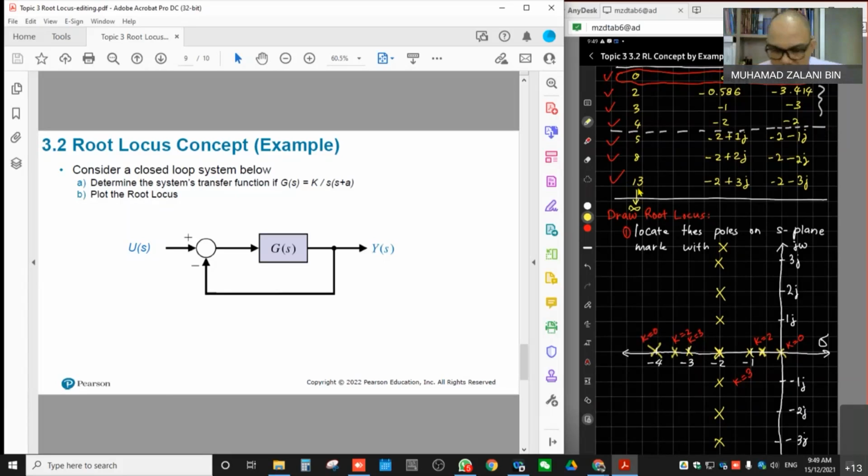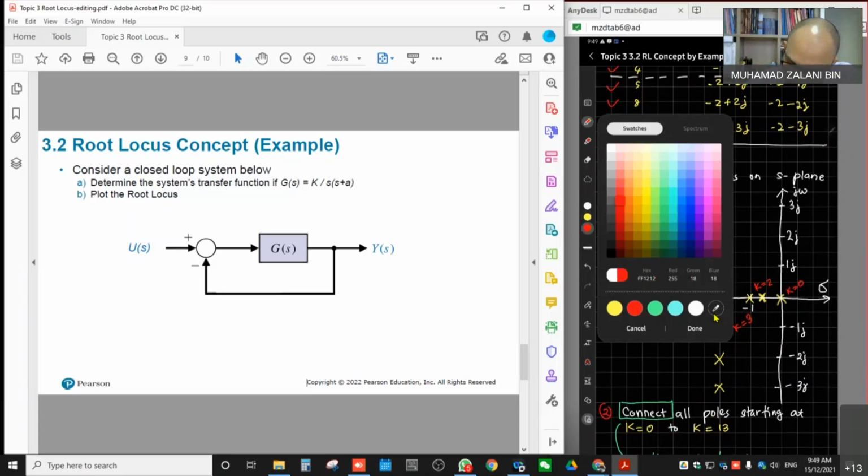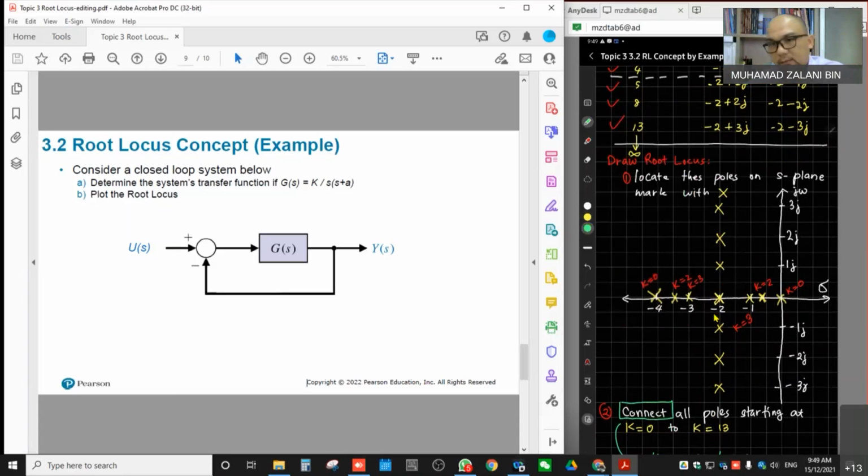But for this case, since we are doing by hand calculation, we are not doing that until infinity, right? So up to k equals to 13, you will see that the pole location is like that. And let's just draw the root locus of this particular pole's location.